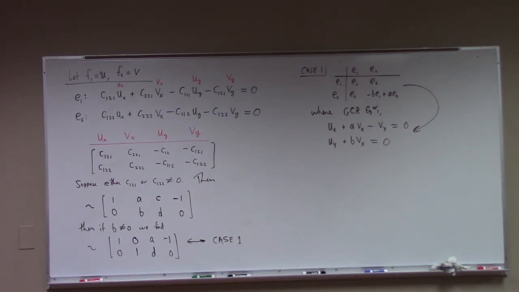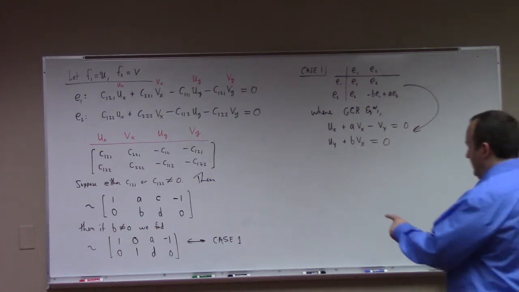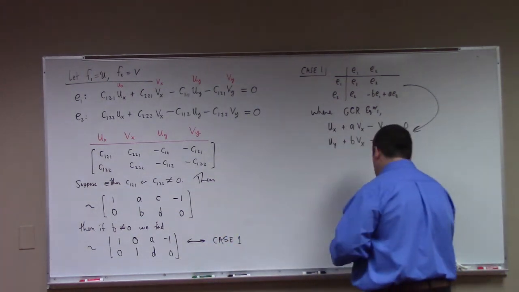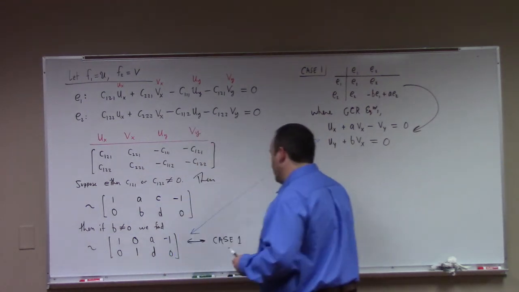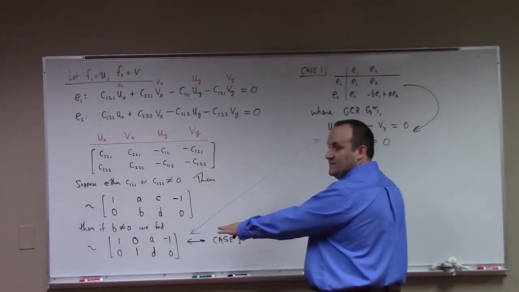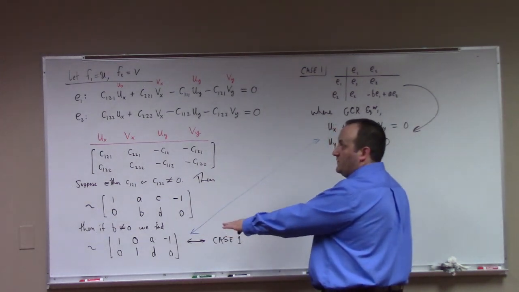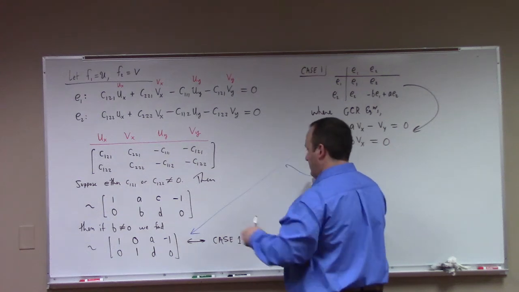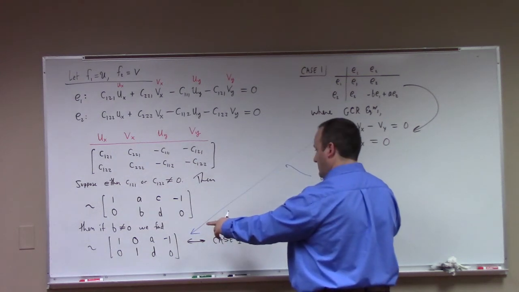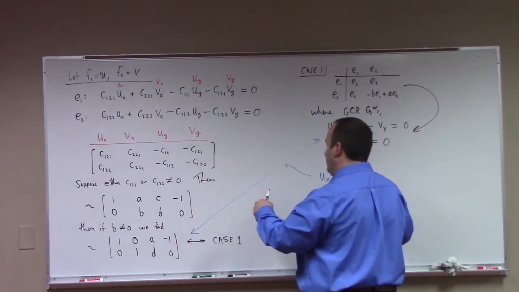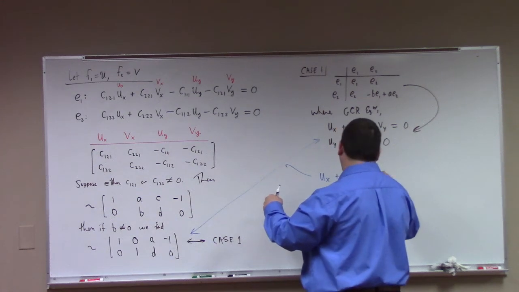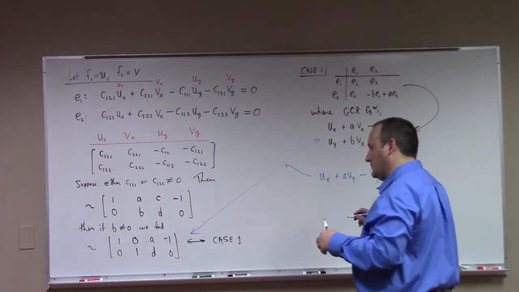But before I even check on that, do you agree with this correspondence here, guys? What does that system mean in terms of the partial derivatives? It means ux plus a times uy minus vy equal to 0, right?